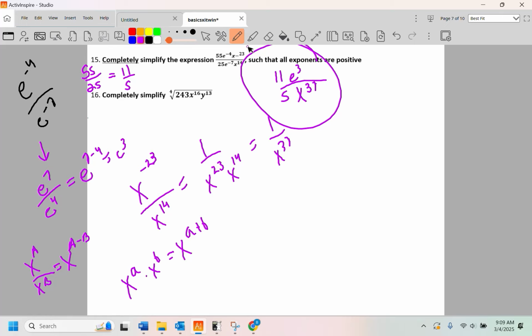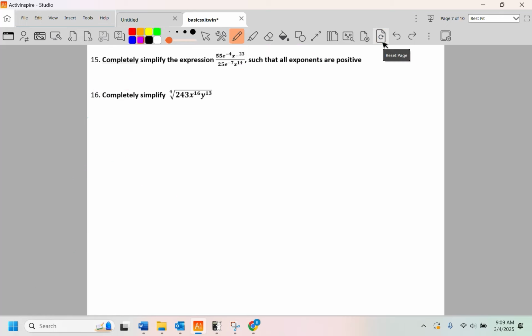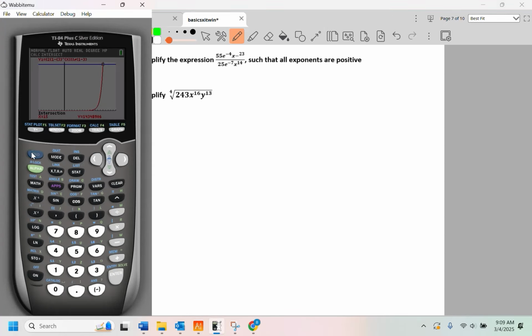All right, another one of these completely simplifies. The first thing to focus on is the fourth root of 243. If a number ends in a 3 or a 7 or a 1, it's probably divisible by 3. That's just the way it works. I'm pretty sure that 243 divided by 3 is 81, and it is.